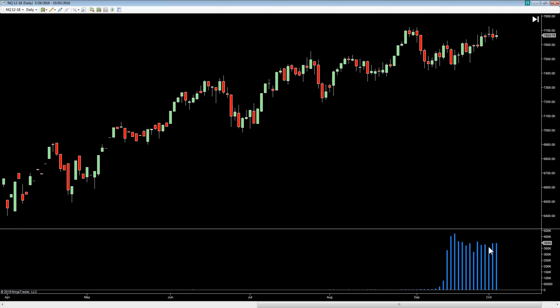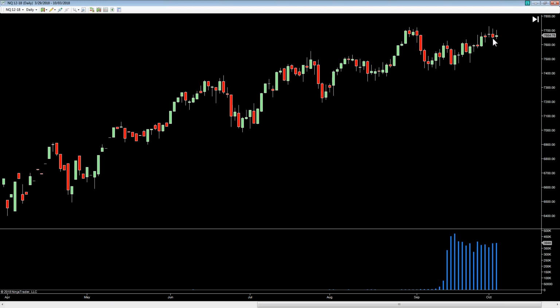So volume tends to have a direct correlation with the bar. If you have a big bar, a very strong bar that closes near the low or near the high, it should also have a reasonable amount of volume with it to represent all that buying and selling.